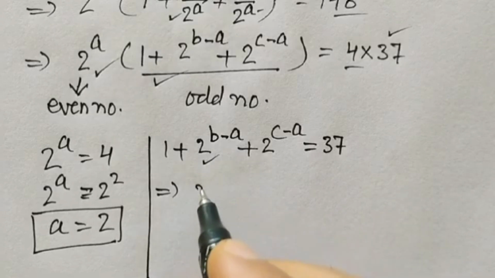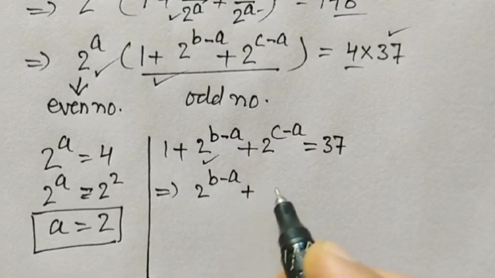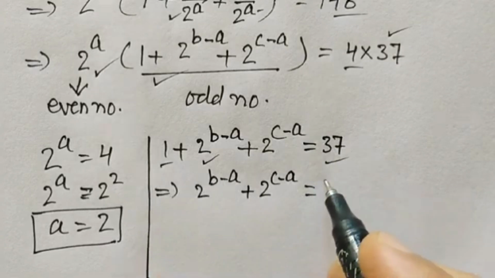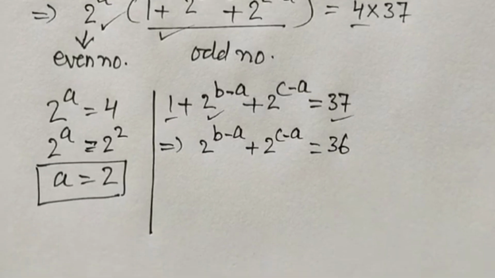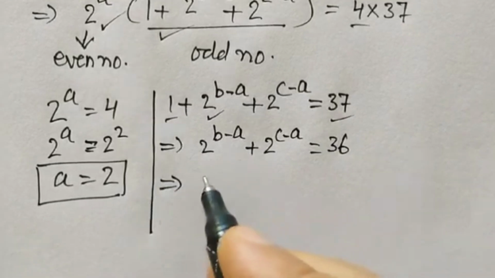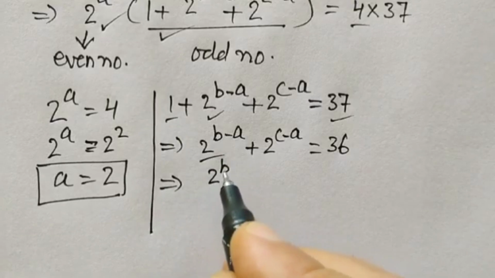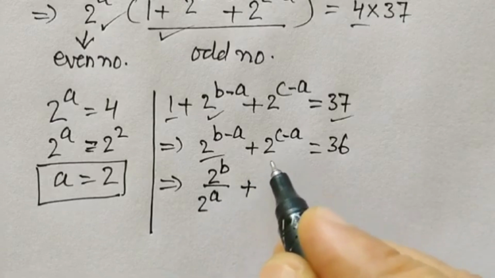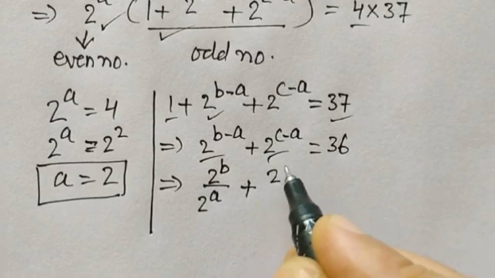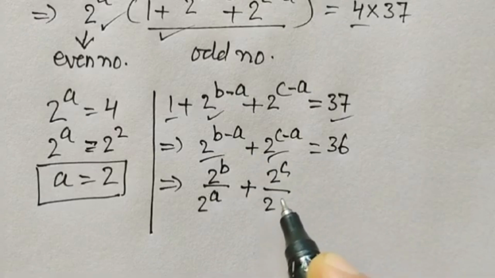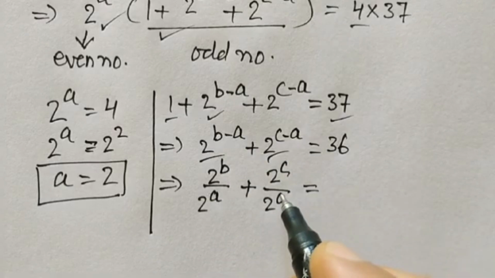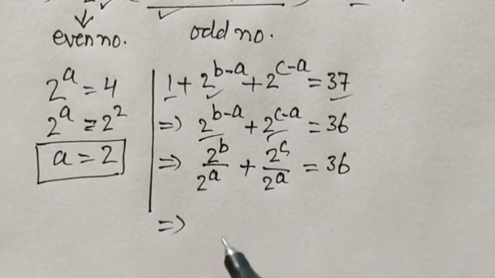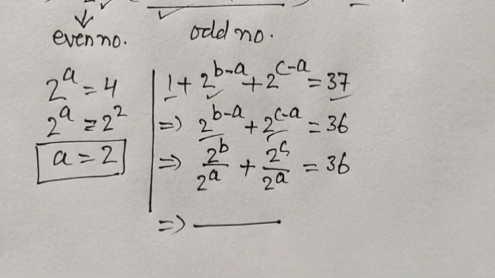Now 2^(b-a) + 2^(c-a) is equal to 37 minus 1, which is 36. This can be written as 2^b/2^a + 2^c/2^a = 36.